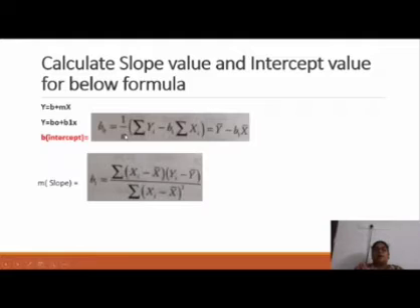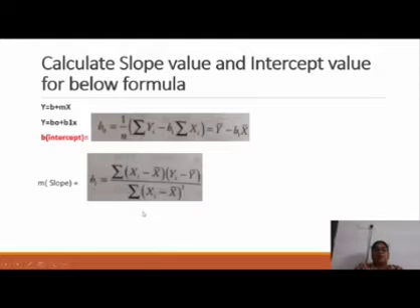So 1 by n into summation of yi minus b1 summation of xi. In short, you can write this as y bar minus b1 x bar.